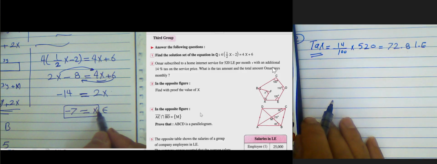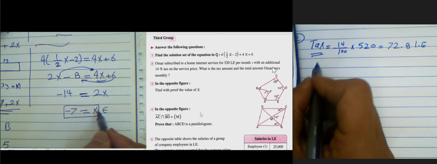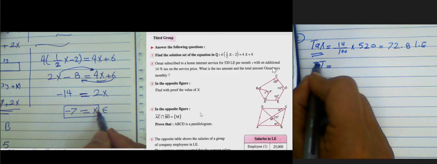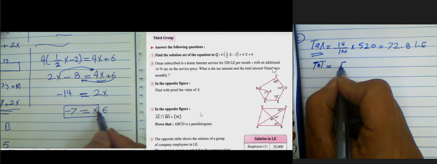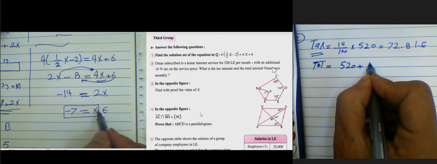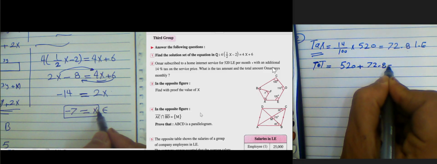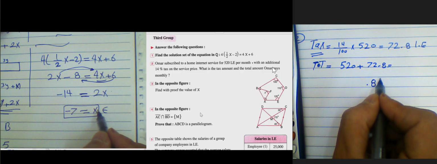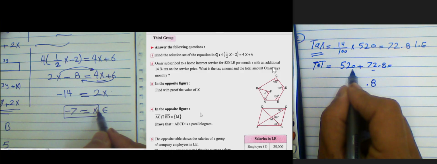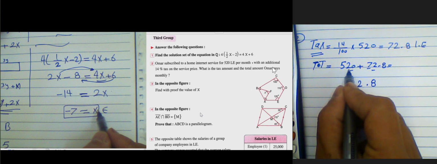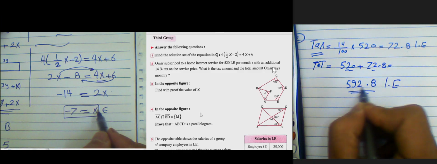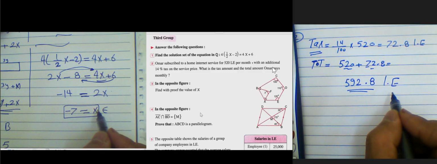That is the tax. And then we can find the total money after adding the tax. We have 520 plus 72 and 8 tenths, and the total money will be 592 and 8 tenths Egyptian lira.